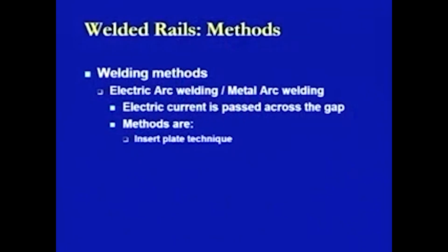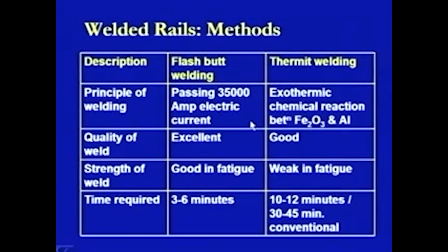The methods are the insert plate technique, or the Sharon process, or the enclosed space technique. Using any of these methods, we can do this electric arc welding or metal arc welding, though it is again lesser in use.